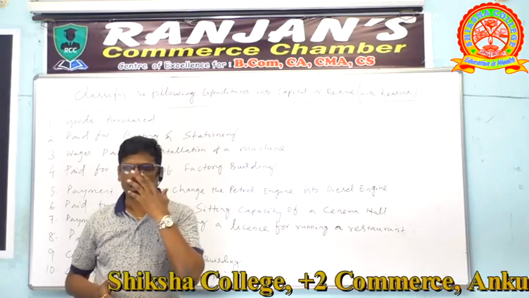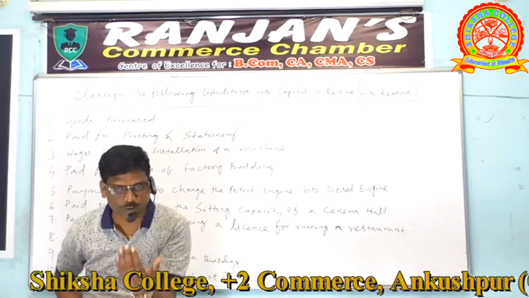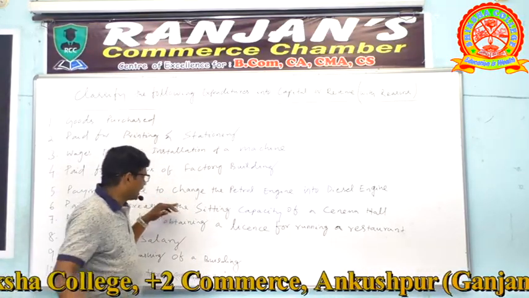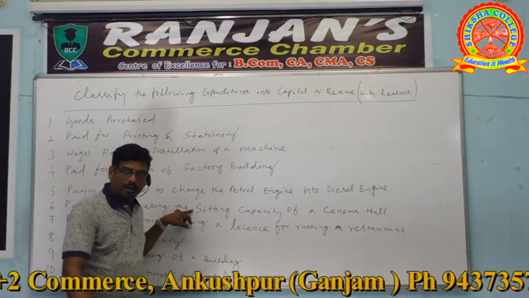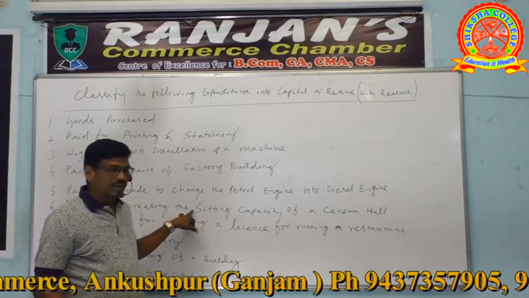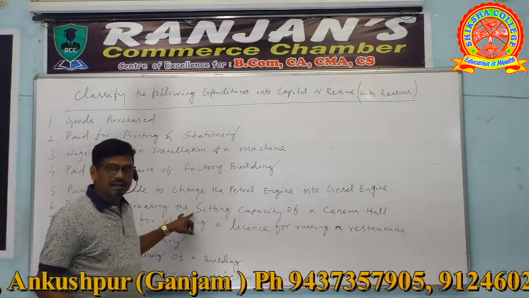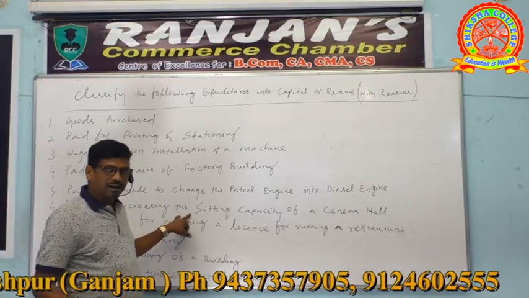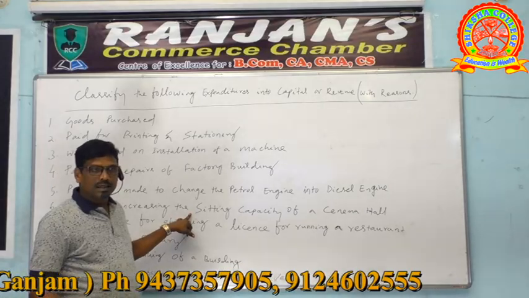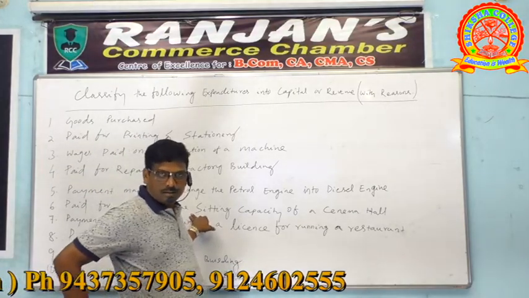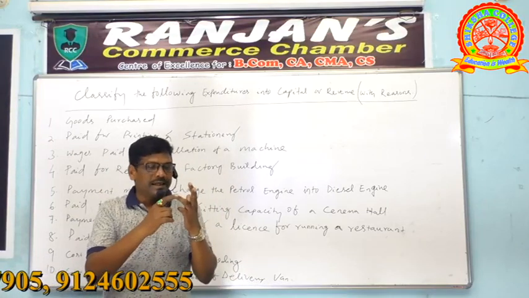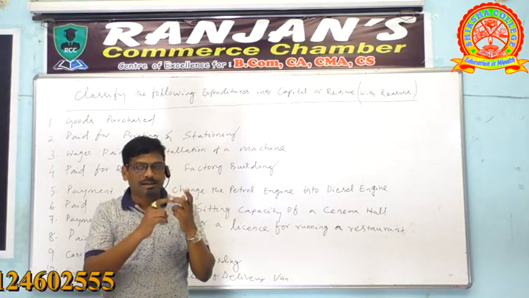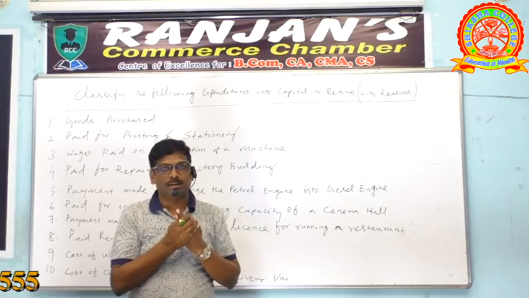So you may write on your own, sir, this is an expenditure in the nature of non-recurring. This expenditure is capital expenditure because it increased the capacity. Capacity increase, performance increase, life increase, then capital expenditure.